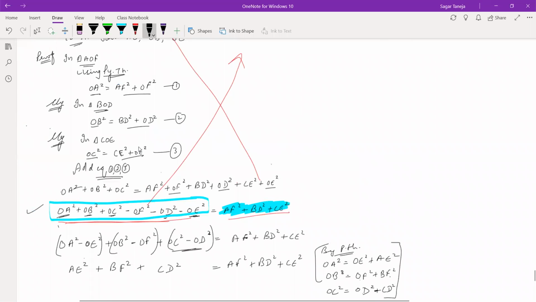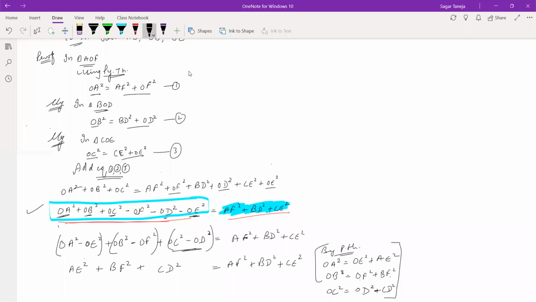Solution is not too much big, but you need to understand the triangles, which triangles you have to take and how to apply the Pythagoras theorem in the triangles. This is the main thing in this question. Otherwise, the question doesn't seem even so important. Still, you should have good visualization of the figure. If you are able to understand which triangle we should take and how to apply Pythagoras theorem, that is simple.